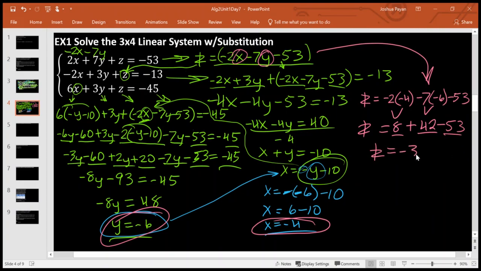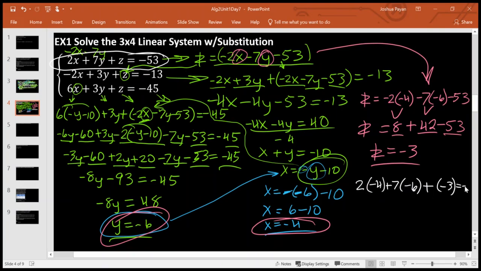Z equals negative 3. Okay, and now I'm just going to check my work just to prove that I got the correct answer. So I'm going to use this original equation right here. So 2 times x plus 7 times y plus z should be equal to negative 53.